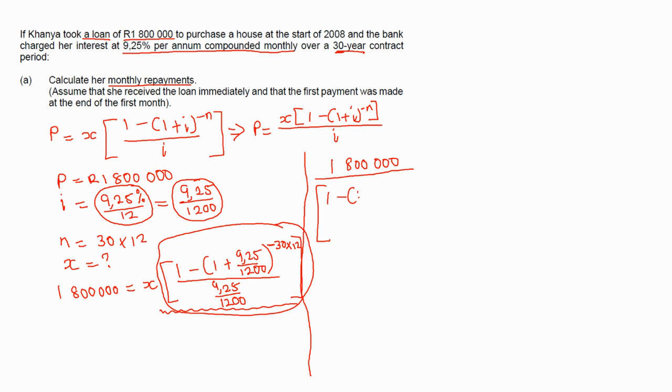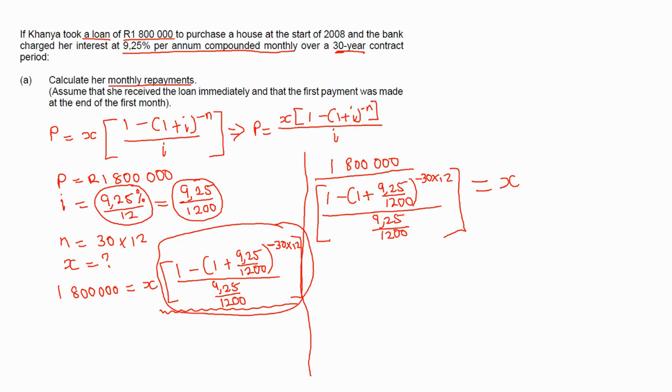1 minus (1 plus 9.25 over 1,200) to the power negative 30 times 12, and then over 9.25 over 1200. Okay, is equal to x.